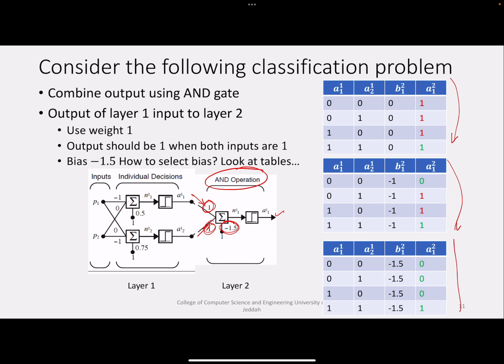And that's basically what this last table over here shows you. So if the input is 0, 0, 0, 1, 1, 0, 1, 1, there's only one case in which, with a bias value of -1.5, the output will also be 1. In all other cases, the output will be 0, and that is basically what an AND gate does.